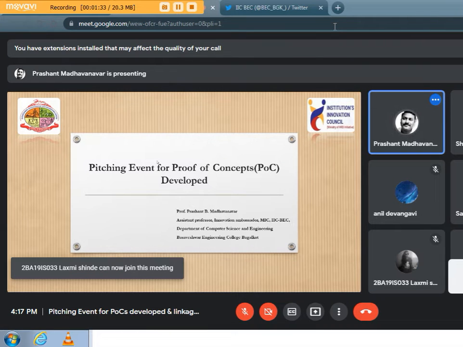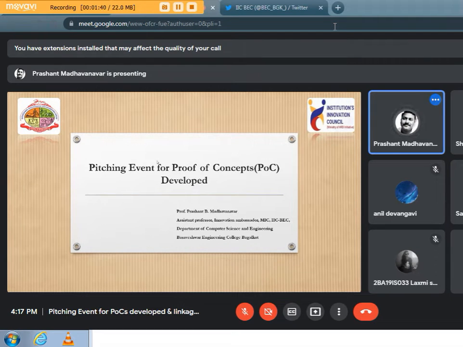So the first phase of a startup is to begin with the ideation. Ideation itself has many phases to verify and validate the idea.